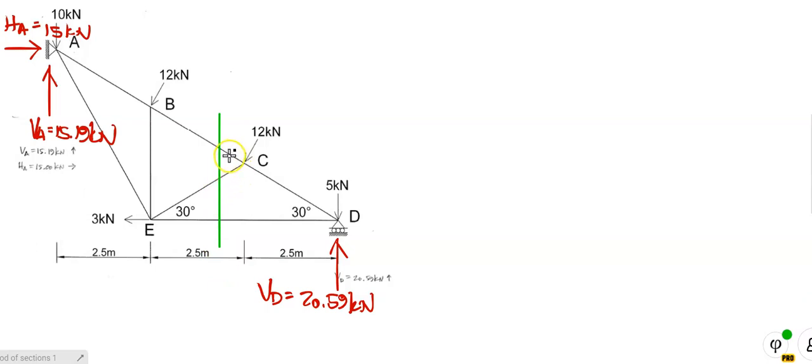Now, are you listening very carefully? I'm considering tension or compression to one side of this cut line only. So I'm considering compression in member BC on the right side, so it's going to be something like so. And I'm going to consider EC, if I look at that there, I think it's going to be in tension.